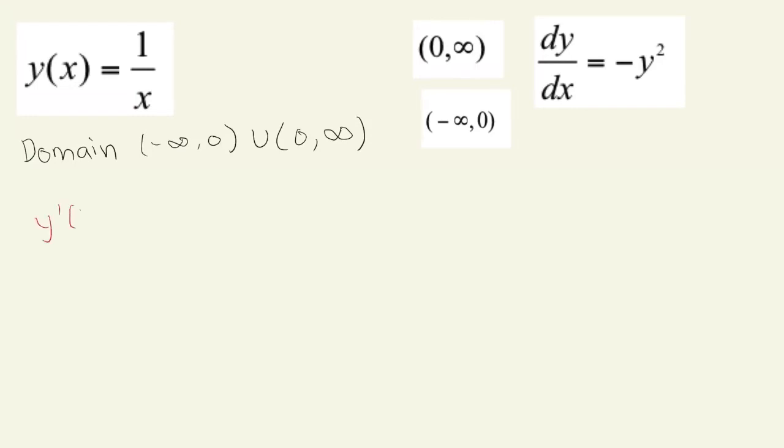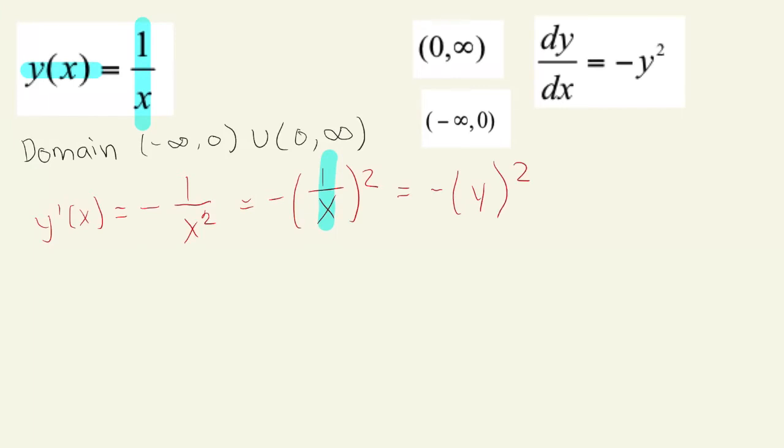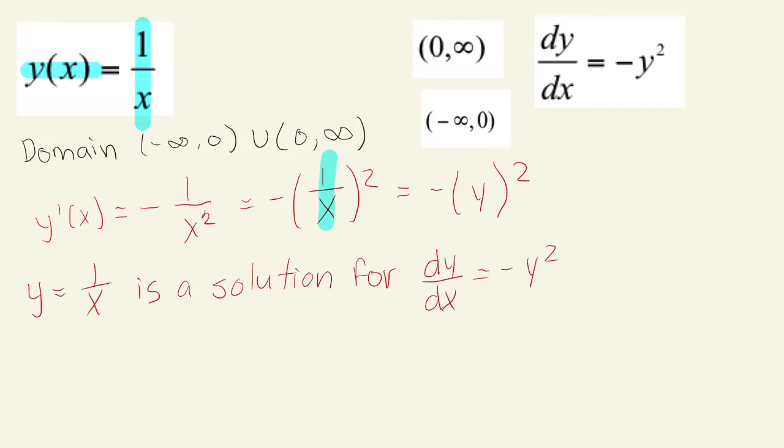Taking the derivative of y, we have negative 1 over x to the 2, which in other terms is the same thing as negative 1 over x, squared. And as we can see, 1 over x is the same thing as y, so we can rewrite this as negative y to the 2, which means y is a solution to this derivative.